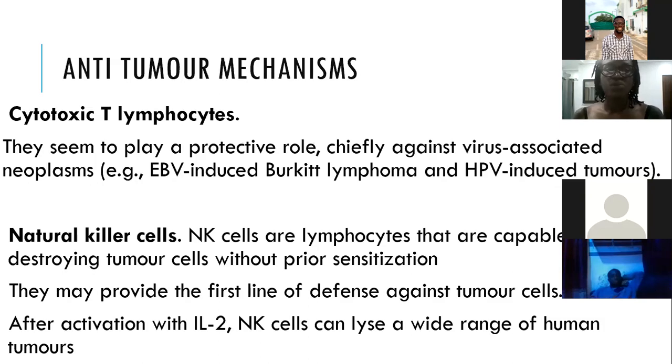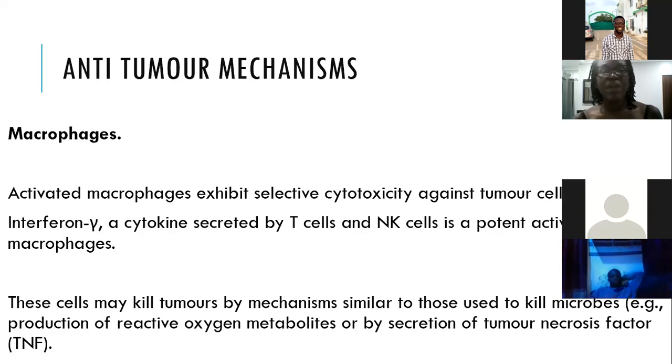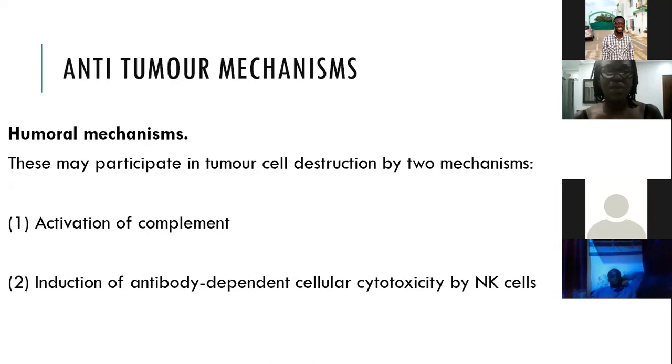Okay. So the body also has a lot of anti-tumor mechanisms. We have cytotoxic T lymphocytes, which kill the tumor. Then we also have natural killer cells, which also come in to kill the tumor as well. Then we have macrophages. So if you want to look at how the body is able to fight off these cancers, the natural killer cells, the T lymphocytes and the macrophages are the ones that help.